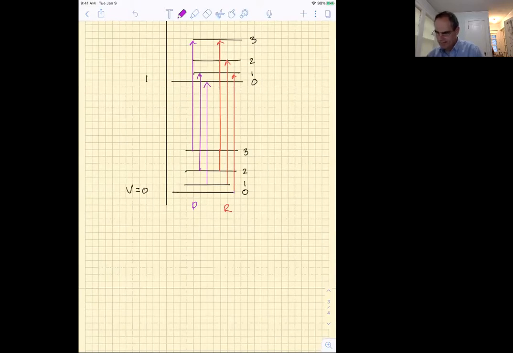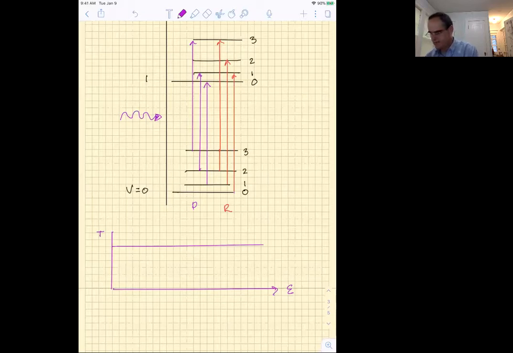And in fact, remember that these transitions are going to be caused by absorbing a photon. What this tells us is that we could expect to see absorption lines at certain energies.